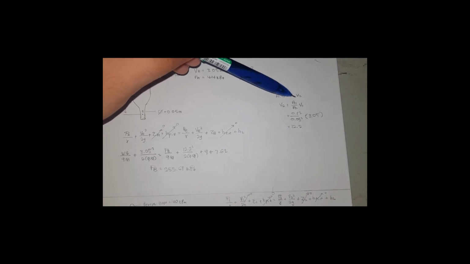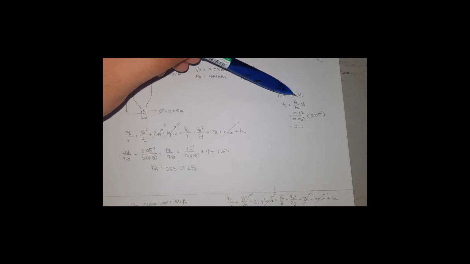So mathematically, we leave the V2 and bring the A2 to the other side, which becomes A1 over A2 times V1. The A1 is 0.1 at point A. The A2 is 0.05.